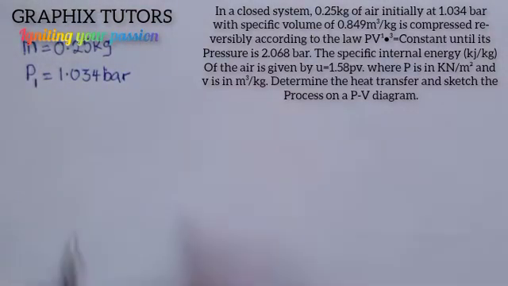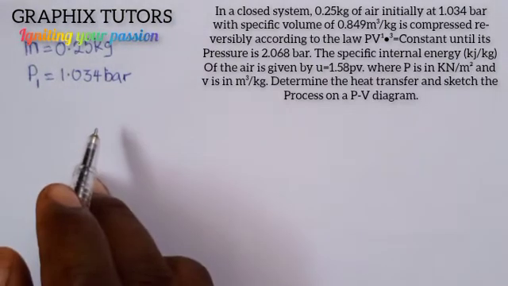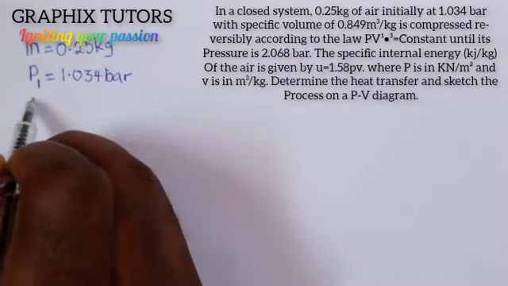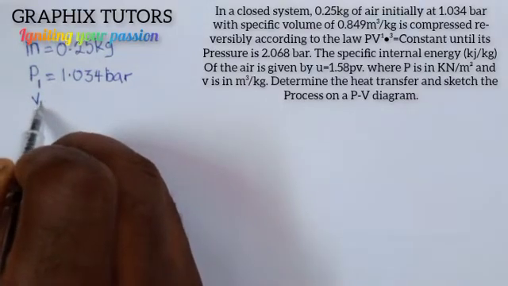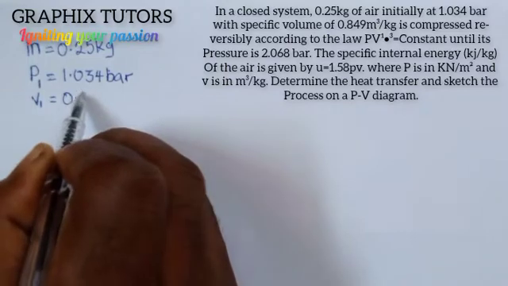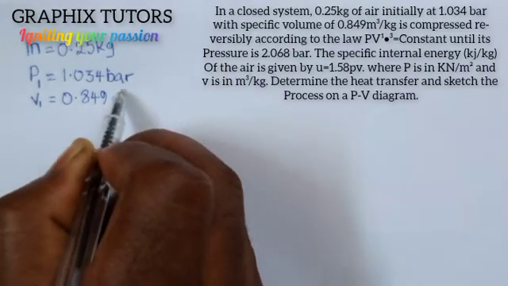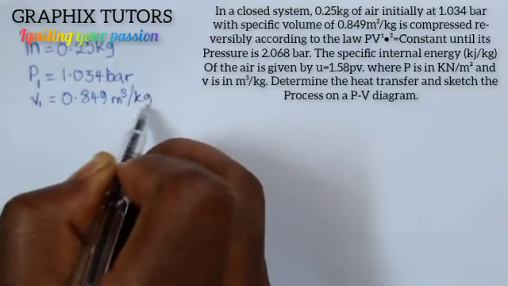Now the next parameter given is the initial specific volume, small v1, and that is given as 0.849 meter cube per kilogram.